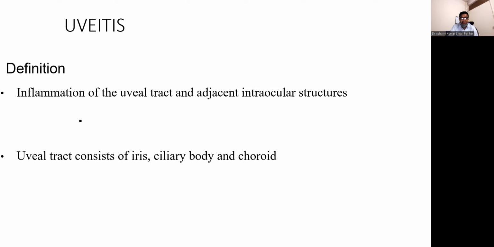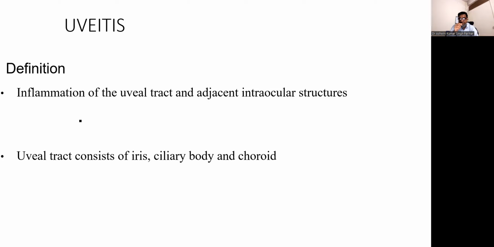So what does the uveal tract have? The uveal tract consists of the iris, ciliary body, and choroid, which I have shown in the previous slides. Inflammation of all three or any one of these structures is part of uveitis.